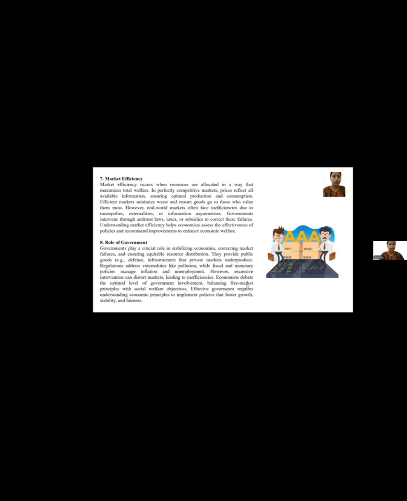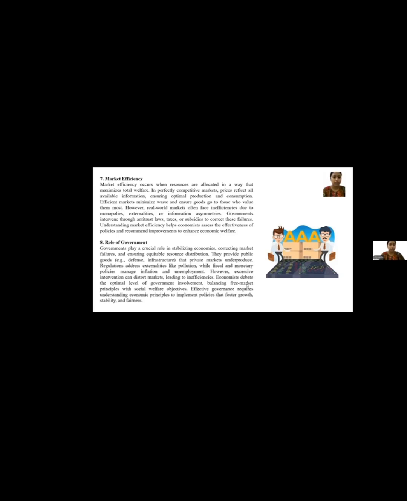Role of government. Government plays a crucial role in stabilizing the economy, correcting market failures, and ensuring equitable resource distribution. It provides public goods like defense and infrastructure that the private market does not. It introduces regulations to address externalities like pollution, and fiscal and monetary policies manage inflation and unemployment.